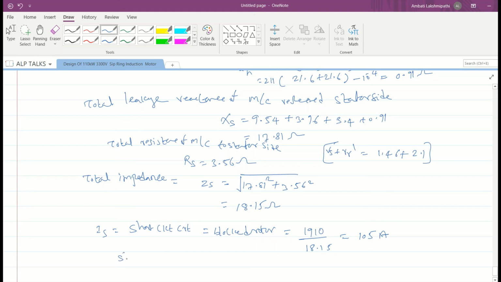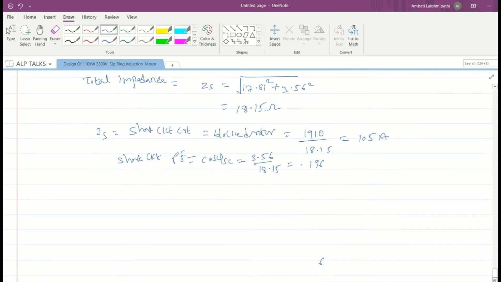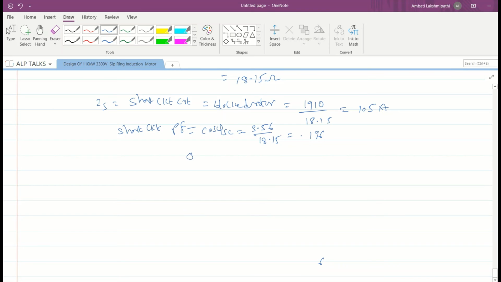And the short circuit power factor is cos phi SC, the ratio of R by Z, so 3.56 by 18.15, that will give 0.196. This is a little bit improved power factor when compared to no load condition. Similarly, we can calculate the angle phi SC, which comes to 78.42. So this is about the short circuit current, guys.